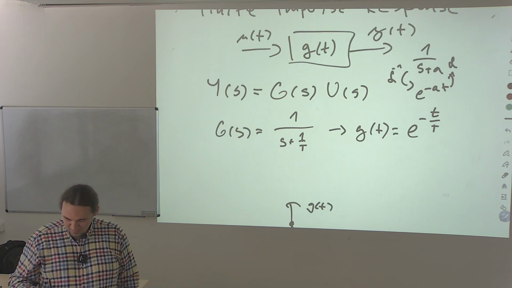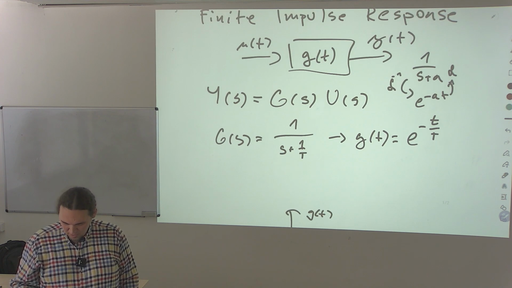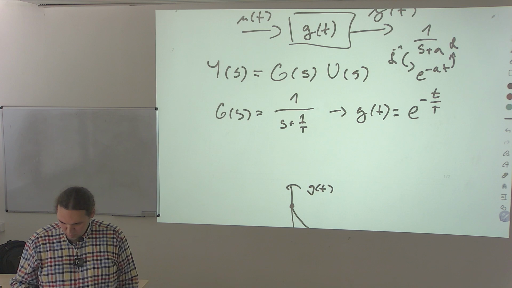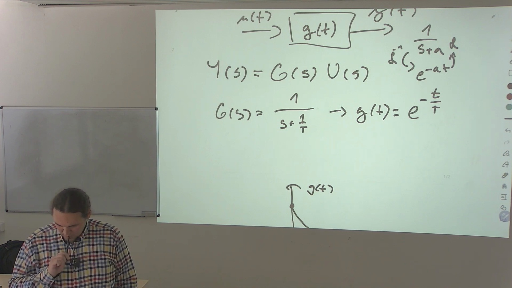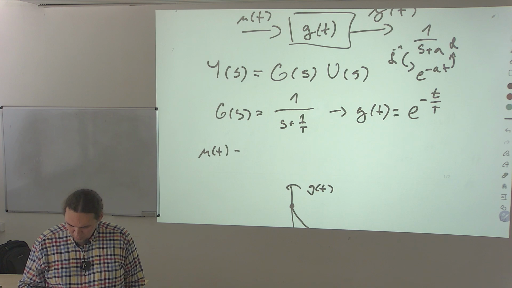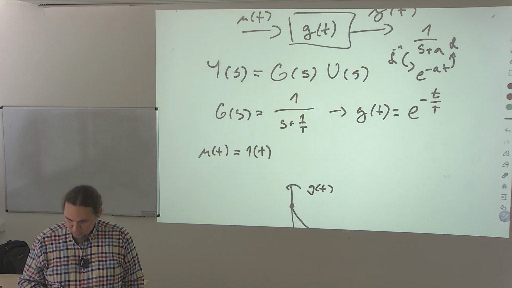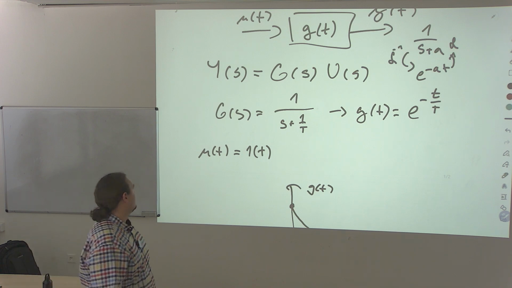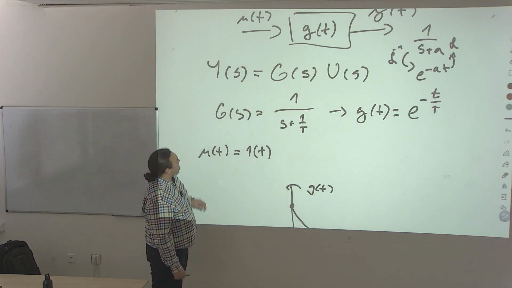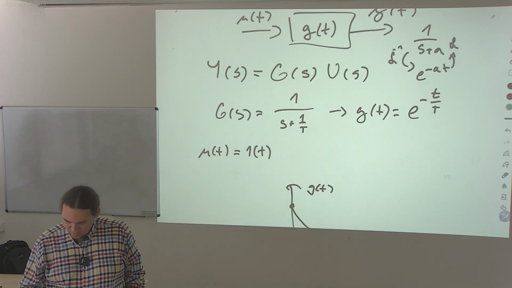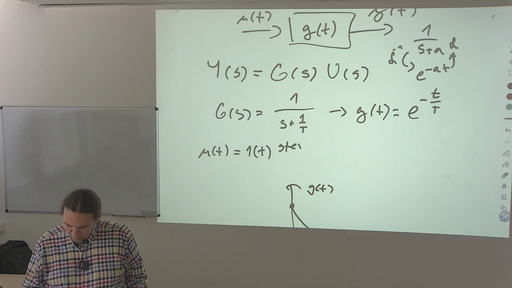So if our input is, how to write it well, if our input would be this unit step, we get a step response out of y of s. So this is the step response.